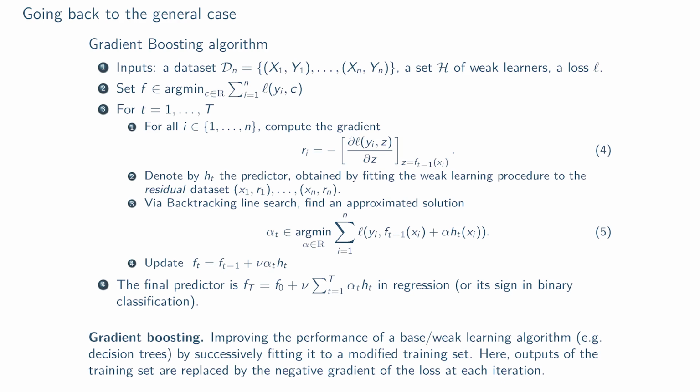For each iteration, we compute the residuals, i.e. minus the partial derivative of the loss with respect to the second variable, evaluated in the prediction of the aggregated predictor of the previous iteration. We then train a predictor with the procedure H on the original dataset for which the labels are replaced by the residuals. We then find a predictor ht, then a parameter alpha t by backtracking line search, and update our aggregated predictor. The procedure is repeated until we obtain the final predictor.